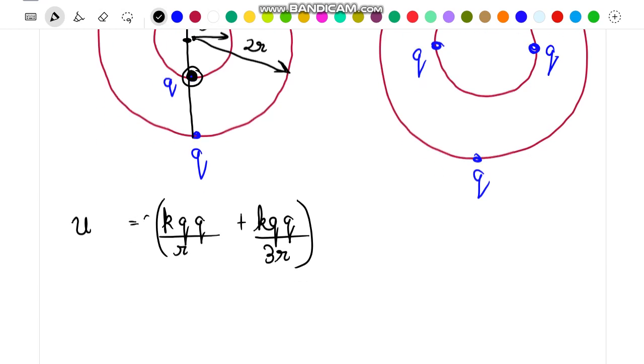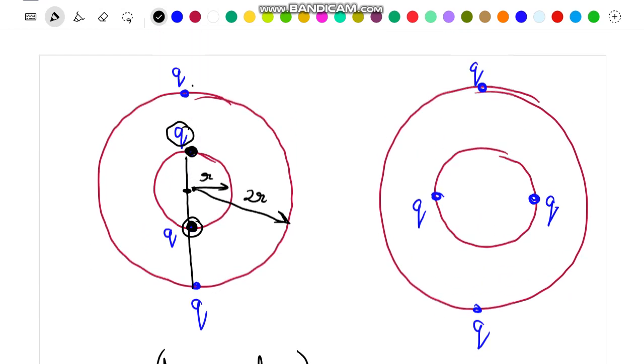So we can write the total potential energies of these two charges due to outermost two charges is equal to this expression. Here I am neglecting, as I have already said earlier, the sum of potential energies of these two charges due to each other, as well as the potential energy pair formed by the two extreme charges.